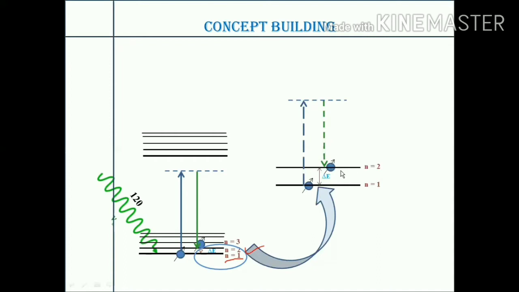This delta E represents the energy difference between the two respective and consecutive orbitals in the molecule. So if the molecule is not changing, definitely this energy is also not changing. That is why we say that even if we change the energy of the incident laser beam, it is not going to have any change on the value of delta E. Okay.